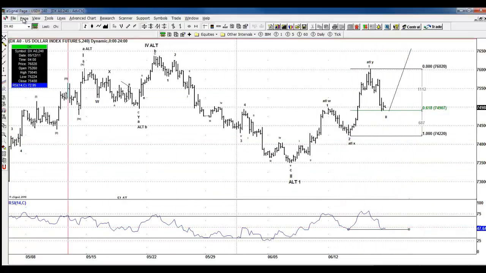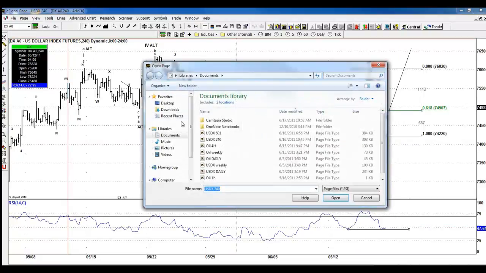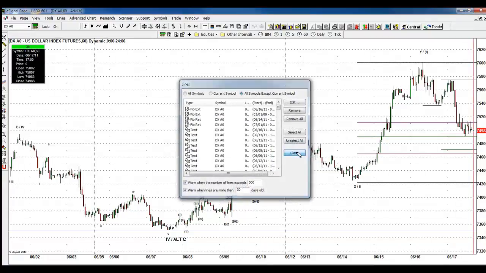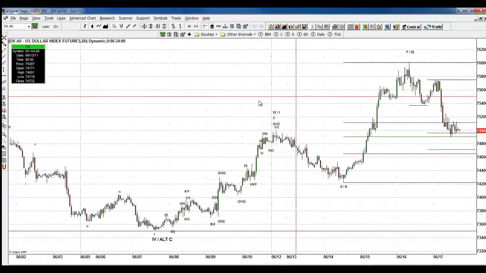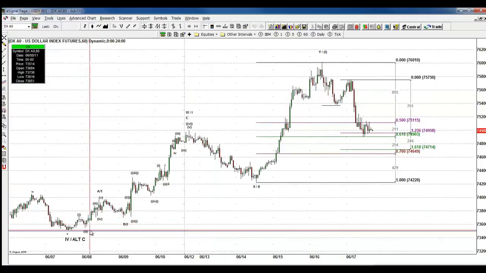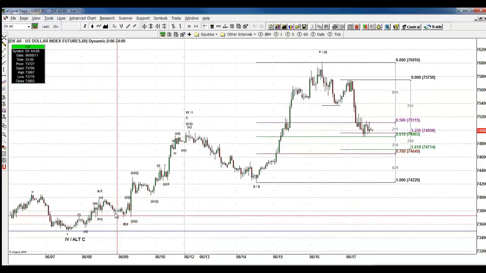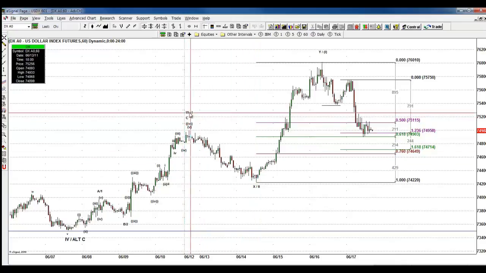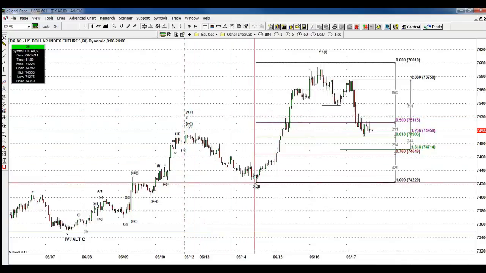Now let's move on to the small time frames on the dollar. This is what we see from the top, from the bottom. We see 1 2 3 4 5, which is A or 1, a 2, another 5 waves, a W, and a 2.